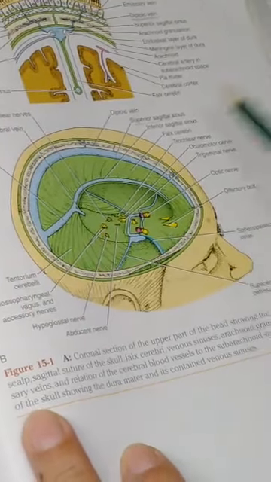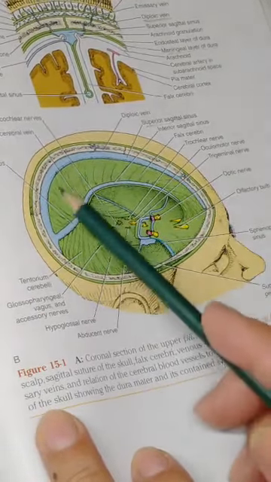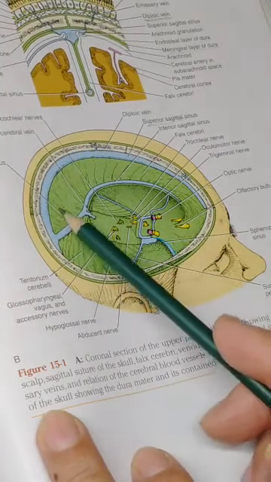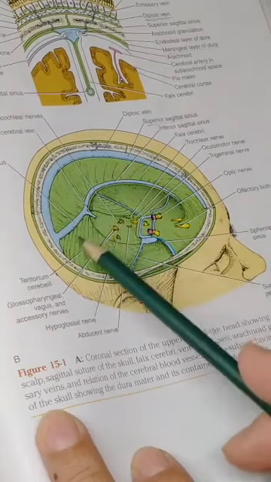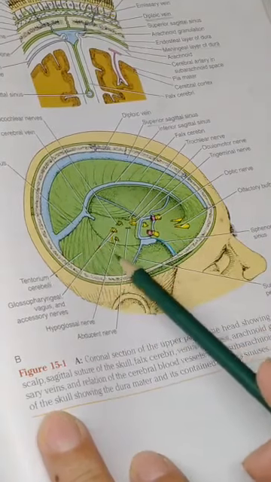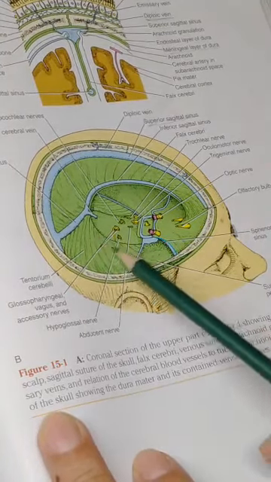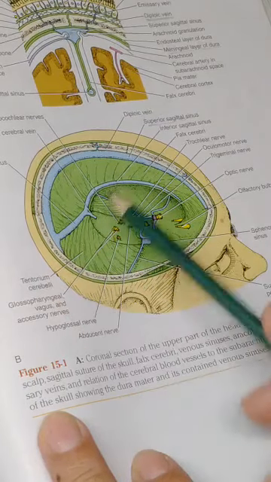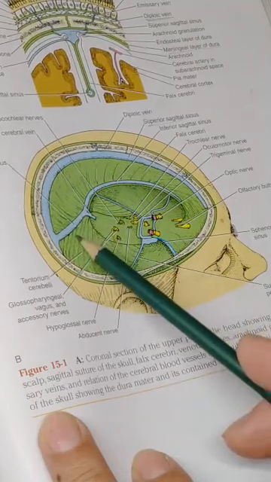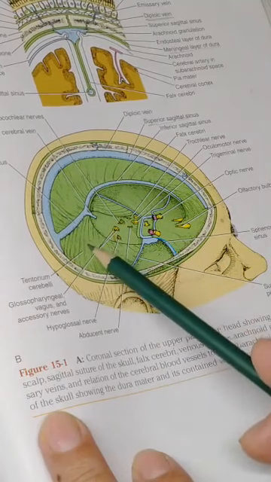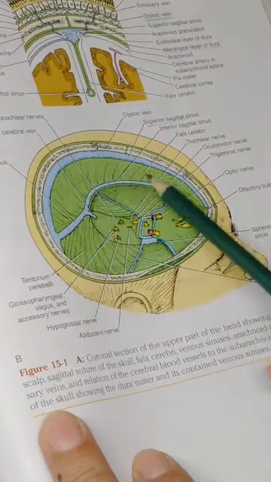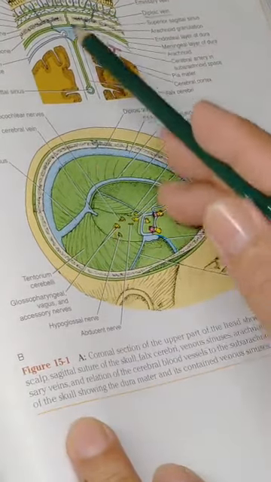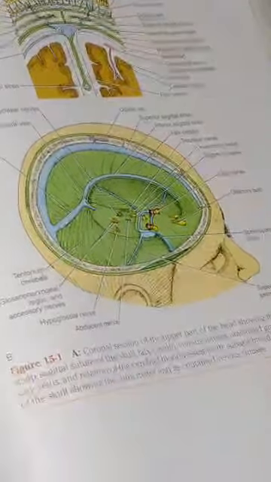Now the posterior end of the falx cerebri will fuse with another Dura Mater called tentorium cerebelli. So this will unite with the so-called tentorium cerebelli.